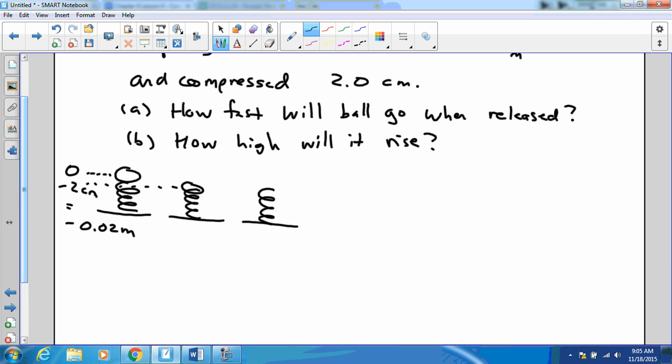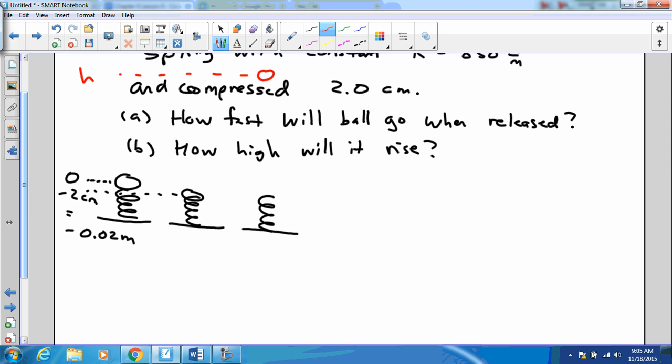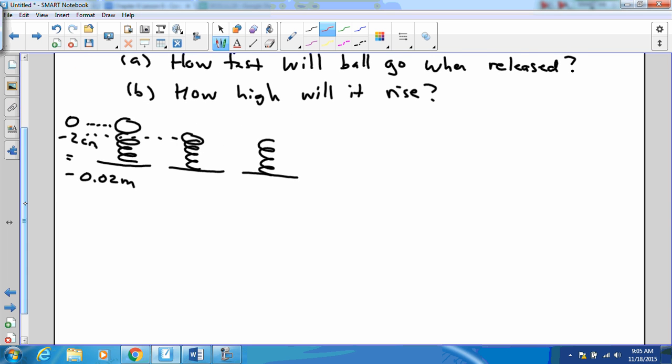Okay, so we're going to compress it, then release it, and when we release it, the spring is going to snap back to its equilibrium position, but the ball is going to go way up here into my problem. It's going to go up to a height, and I don't know what that height is, but we're going to have to call that h. Now, to answer these questions, we can do some easy energy accounting.